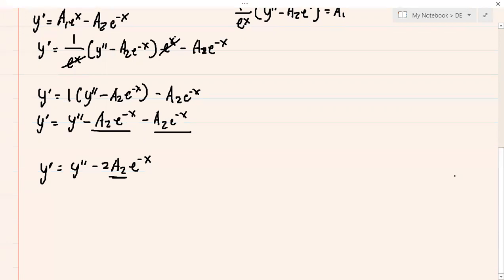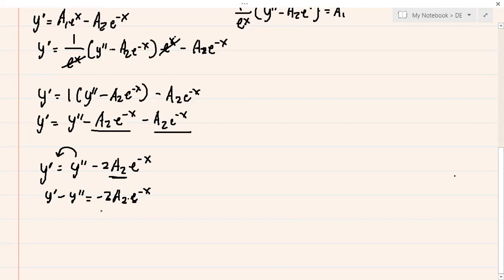Now, ang gagawin natin is we will find a sub 2. Hanapin natin si a sub 2. So, paano? So, first, transpose ko si y second prime to the left. So, we have y prime minus y second prime is equal to negative 2 times a sub 2 e raised to negative x. Ayan.